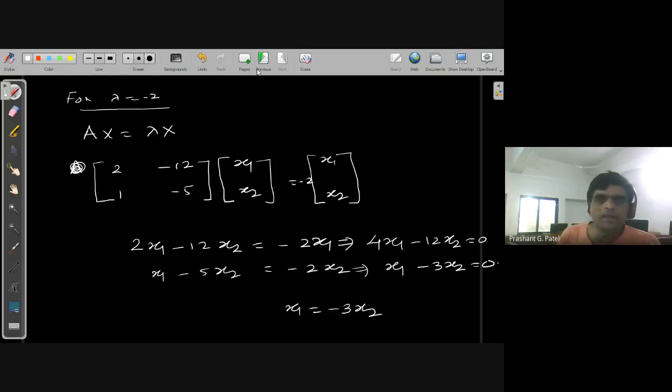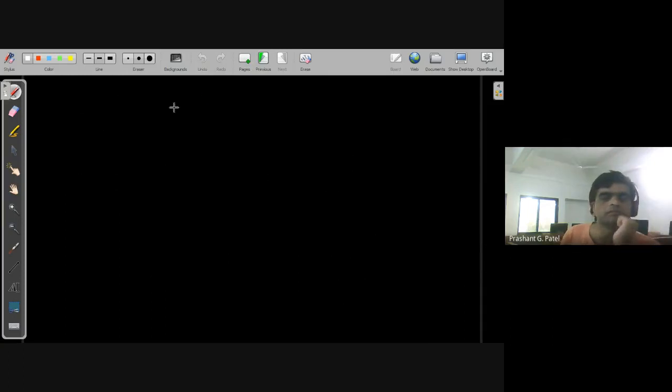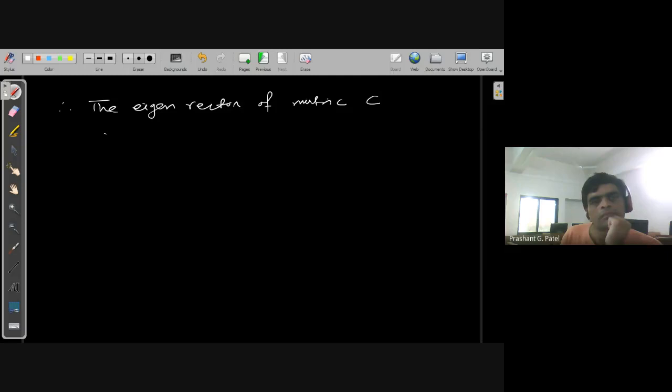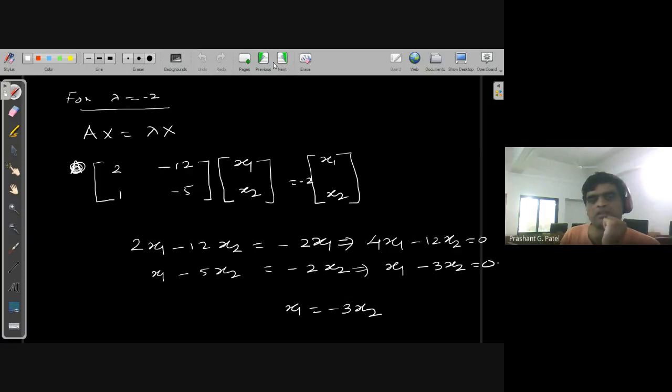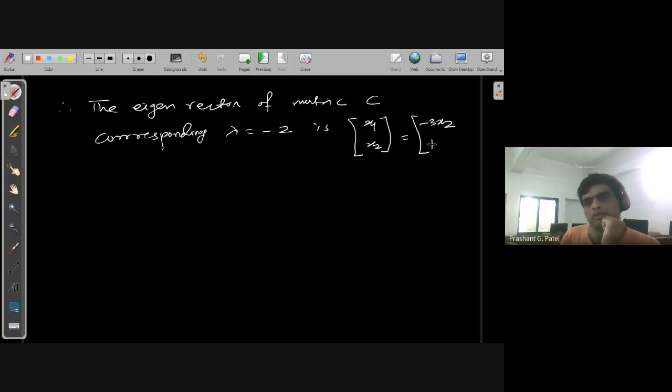So the eigenvector of matrix C corresponding to lambda equal to minus 2 is x1, x2, but the value of x1 we have calculated is 3x2. So it is 3x2 and x2.